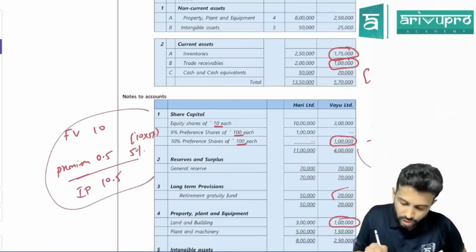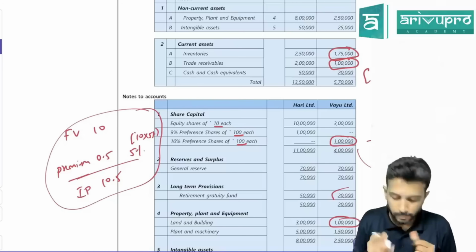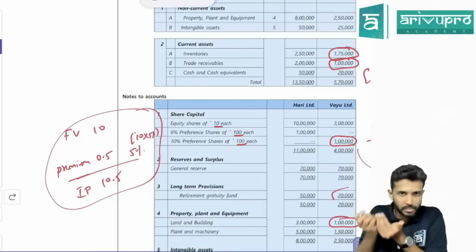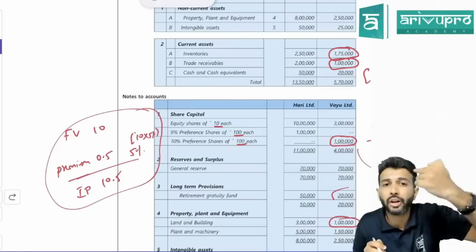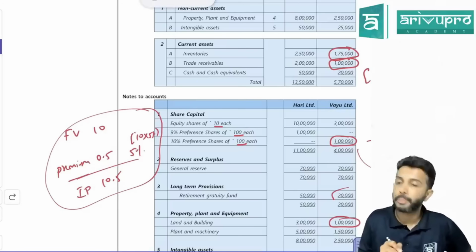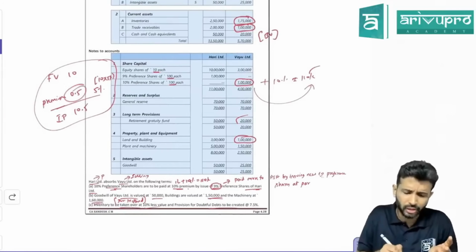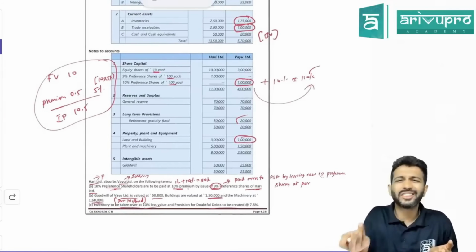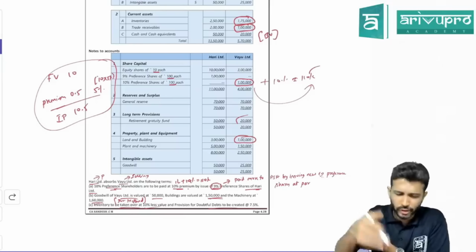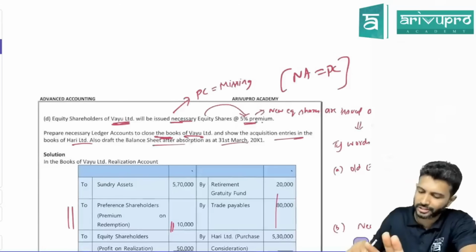The new company has issued its new shares at an issue price of 10.5. Face value is 10, given in the problem. Premium is 5%. Premium and all you'll always calculate on face value. So 5% of 10 is 0.5. So the issue price is 10.5. You can take any value. If you don't want to work with 0.5, you can take it as 100, because these are ratio apportionment. Even if you take 100 and finally work it out, the final answer will be the same. Okay, but here just check, better to be on the safe side.